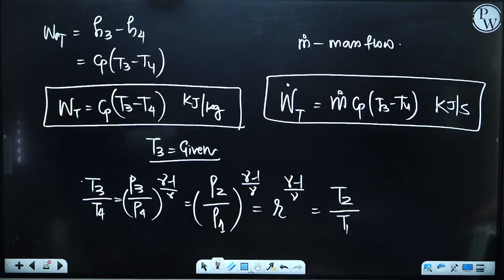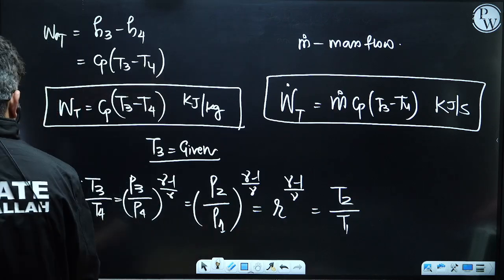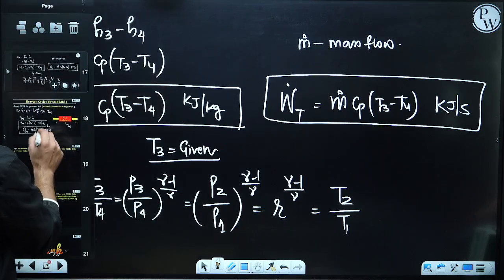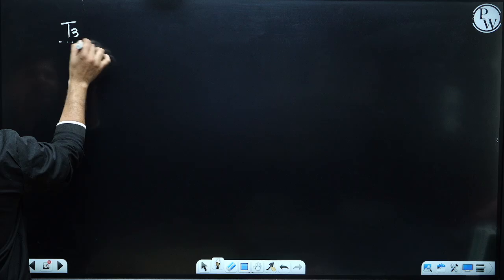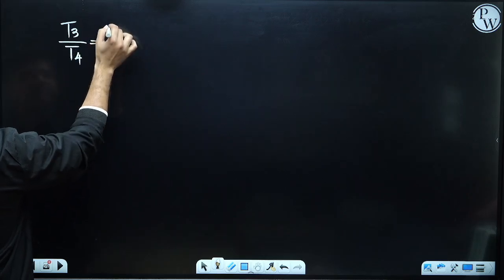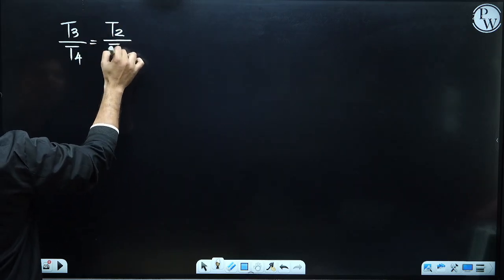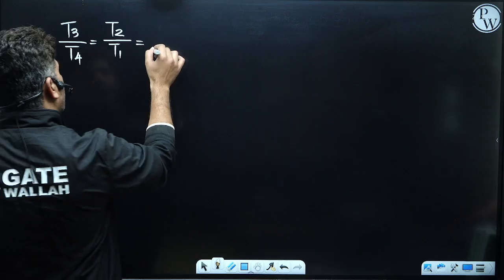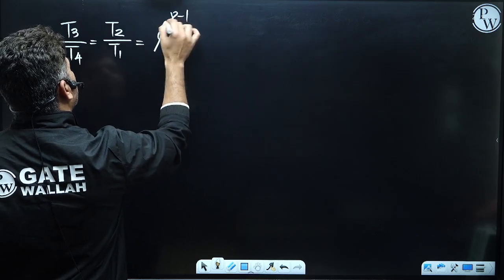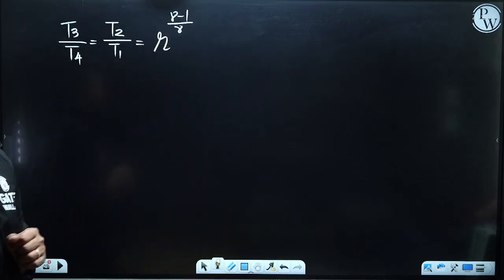So in case of Brayton cycle, there is a very interesting relation that comes: T3 by T4, the temperature ratio across turbine, is equal to T2 by T1, the temperature ratio across compressor, which is equal to r to the power (gamma minus 1) over gamma.